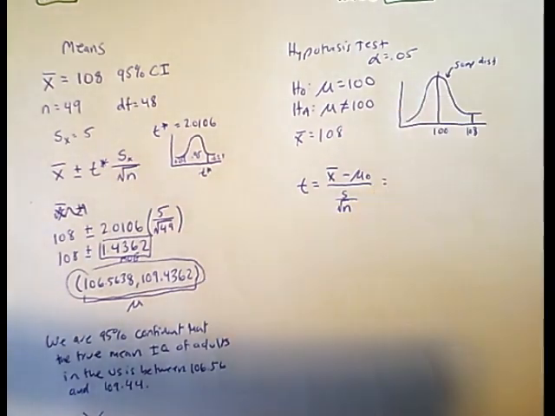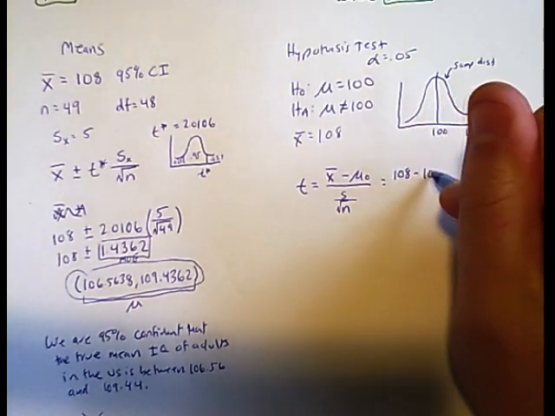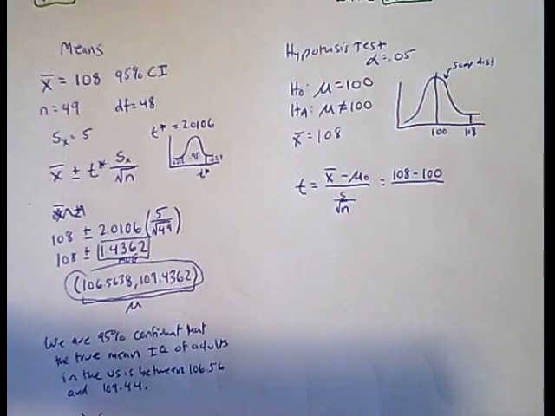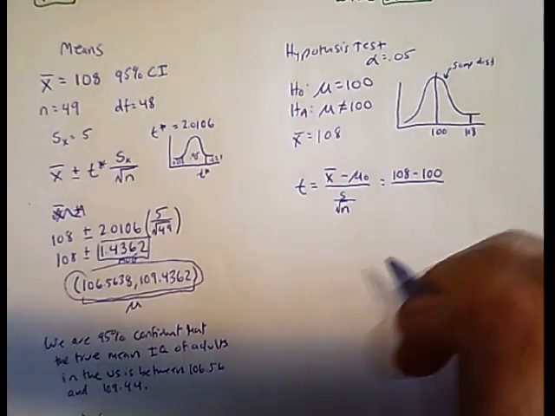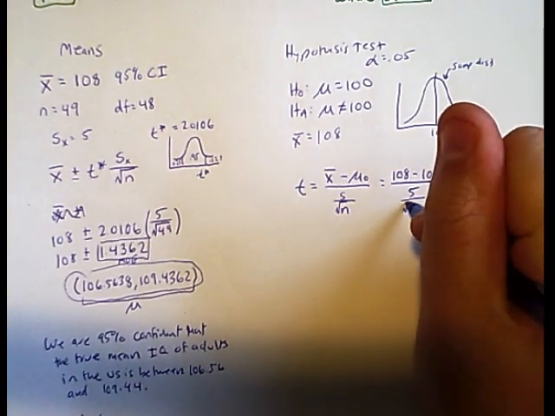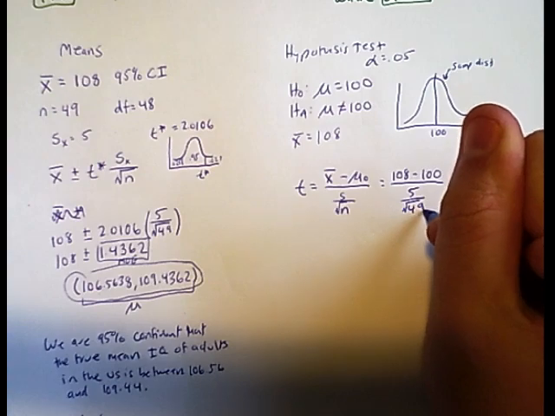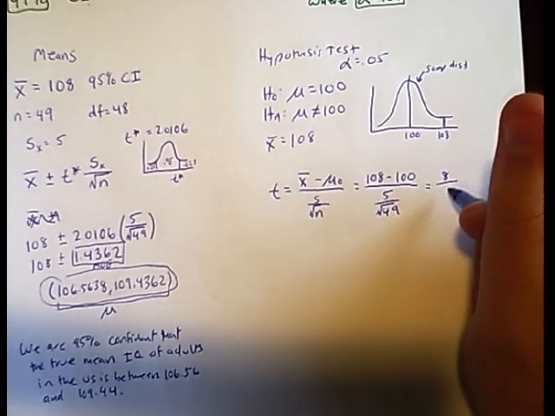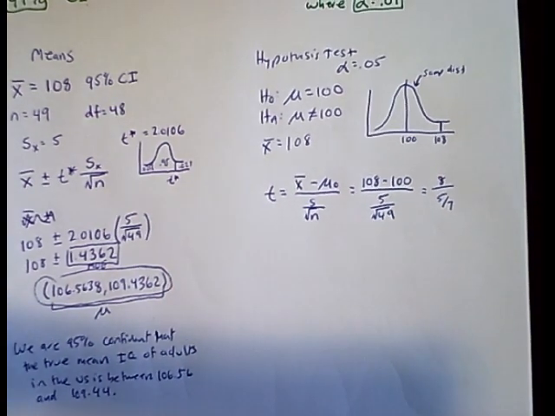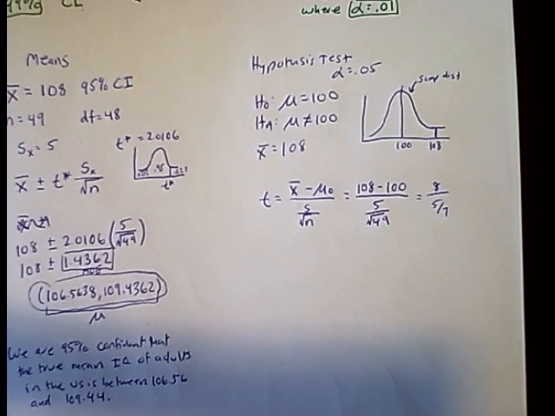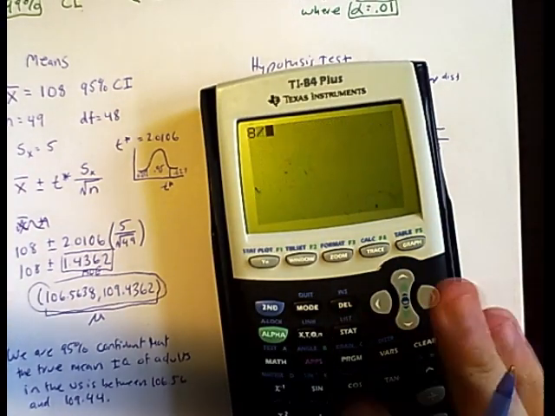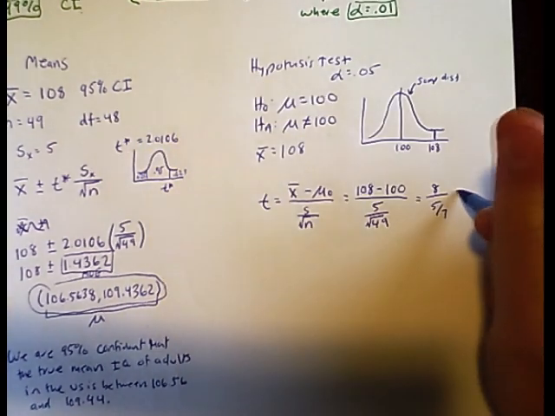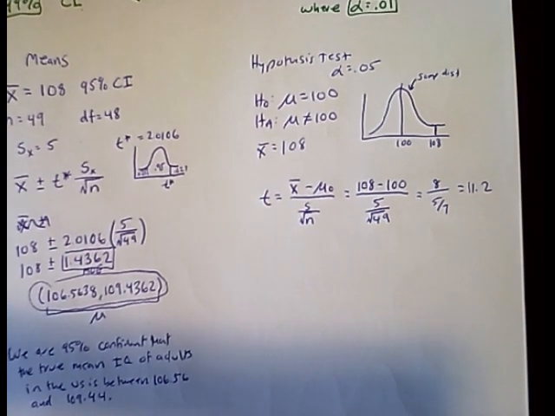So in this case, to find this, we would take our 108 minus what we think the mean is over the sample standard deviation, 5, and the sample size is 49. So if we do this, it's going to be 8 divided by 5/7. If I do 8 divided by 5/7, it's 11.2. It's a huge, huge t-value.